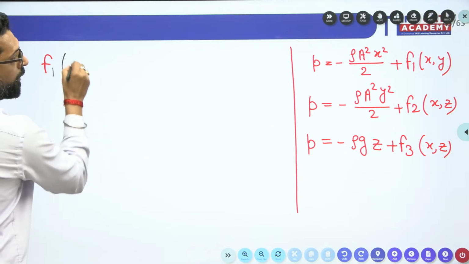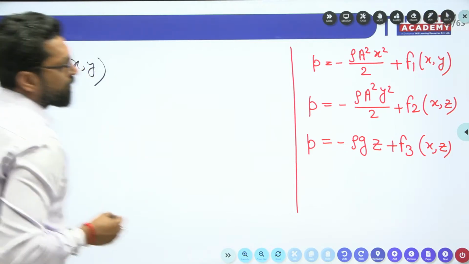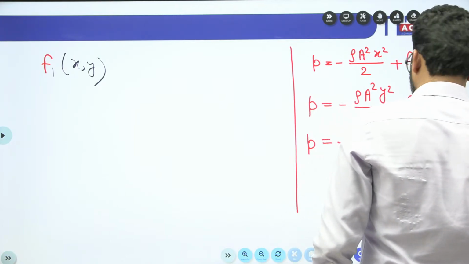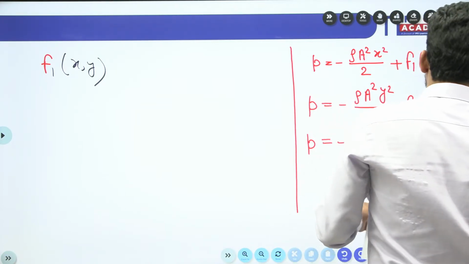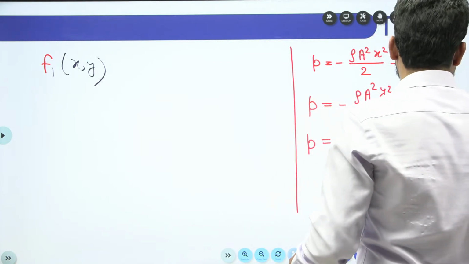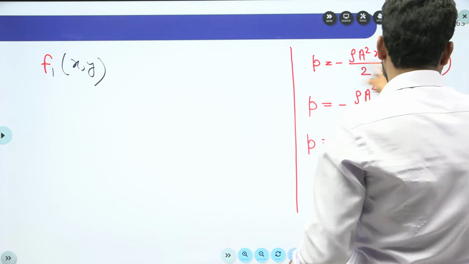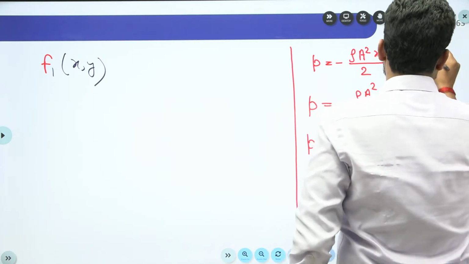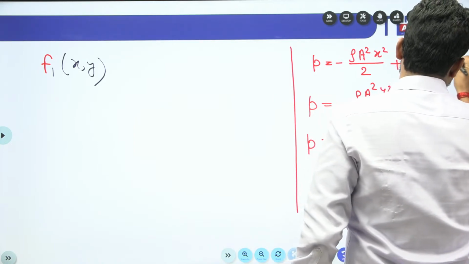F1 XY. So we search where is the X? This is X and this is Z direction, no? This is X, no. This is YZ. This is X equation, no? This is YZ.